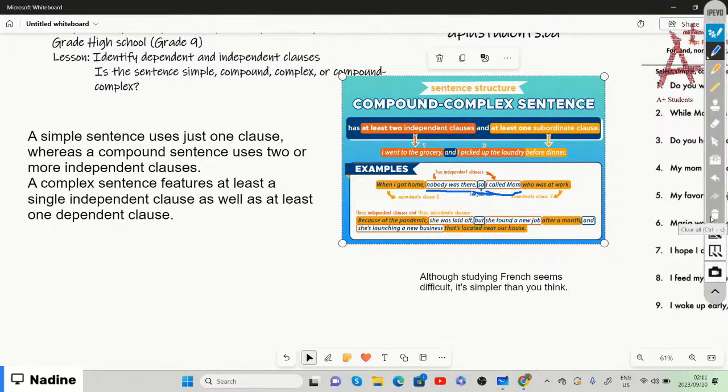And then we also have one with three independent clauses and three subordinating clauses. Because of the pandemic, she was laid off, but she found a new job after a month, and she's launching a new business that's located near our house.